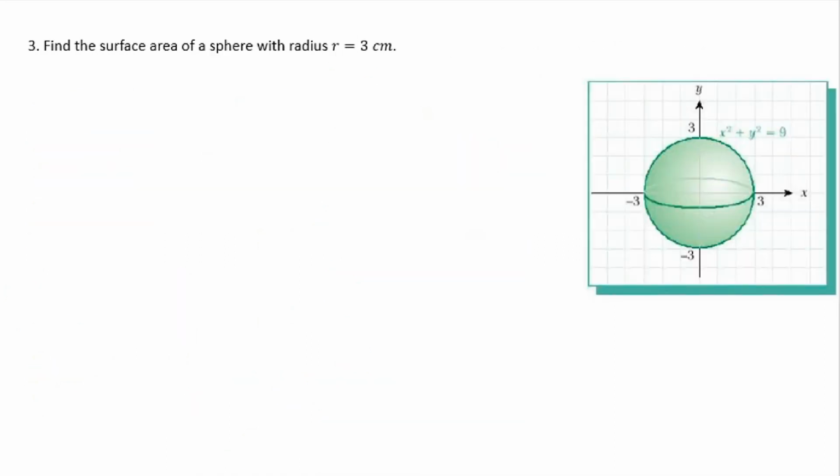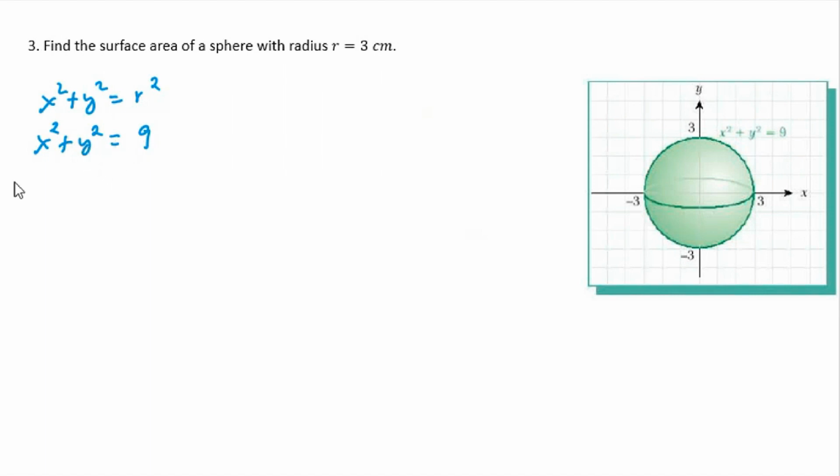For number 3, find the surface area of a sphere with radius r equals 3 centimeters. Okay, to solve for this, we're going to use the equation of a circle, which is x squared plus y squared is equal to r squared. Since r is given, which is the radius, this becomes x squared plus y squared is equal to 9.